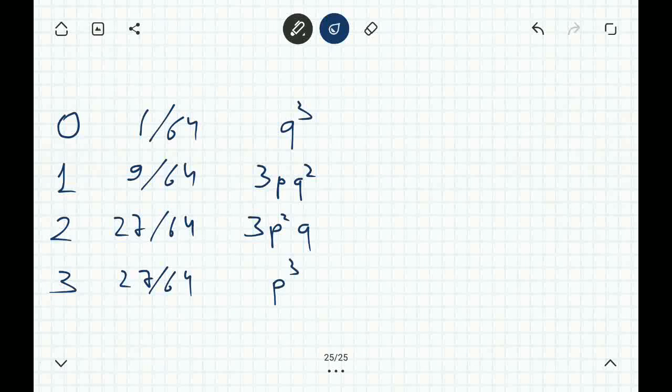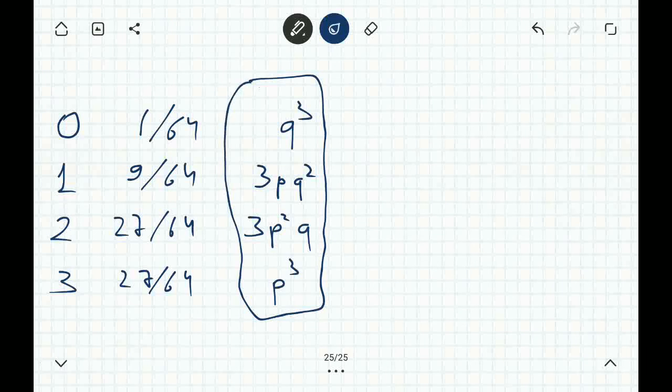So that's it. And you might have noticed something familiar in here. Looking at this, we already know this thing. We have seen that thing.